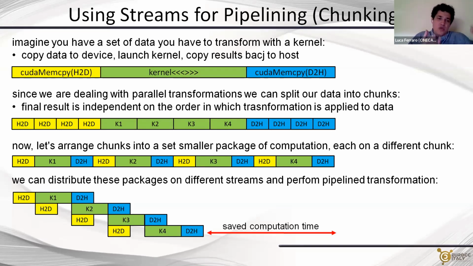So as you can see, we have pipelined this operation into different streams, and we have saved time because we have compacted this operation, putting in overlap some operations that we previously made serially, okay?